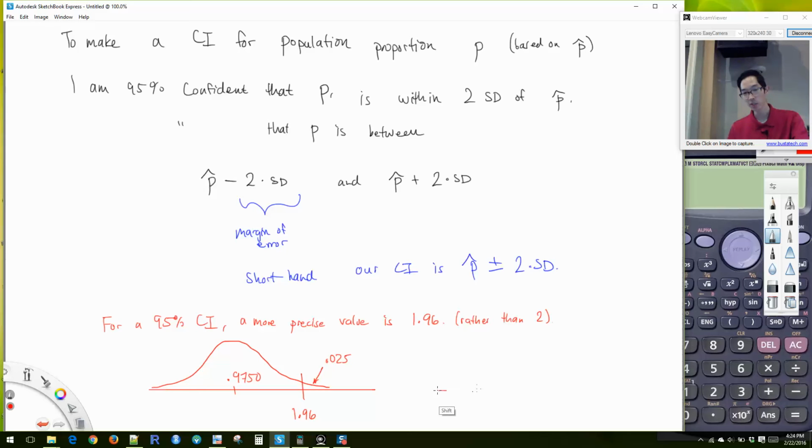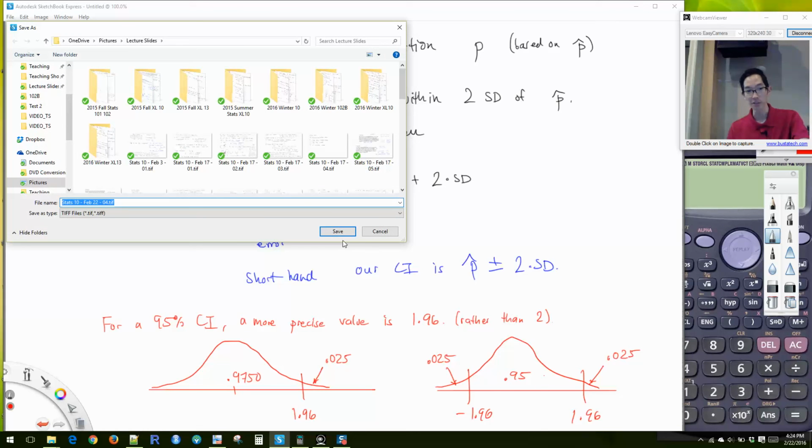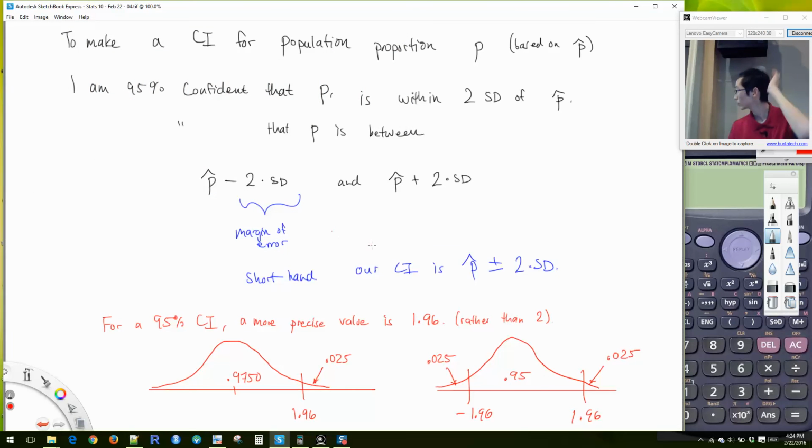Which means that if you go out plus or minus 1.96, you'll have 95% in the middle because you've got 2.5% over here and 2.5% over here. So that's where we're getting these values.